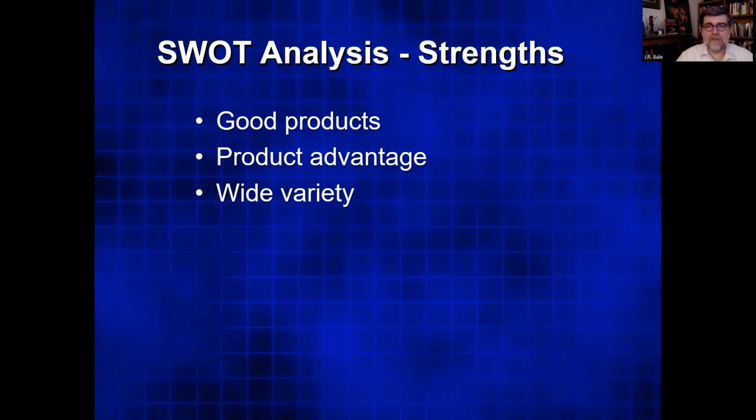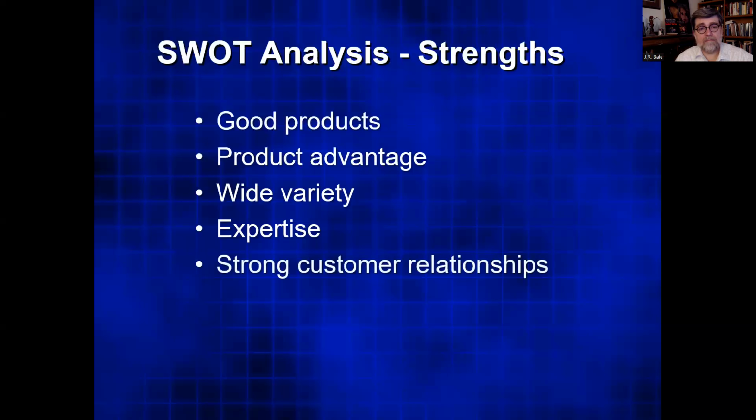You have many flavors, many colors, many functions, that sort of thing. If you have real expertise in the field, in the product category, that's very helpful. If you have strong relationships with your customers, great. They like you, you like them, they come back, great.